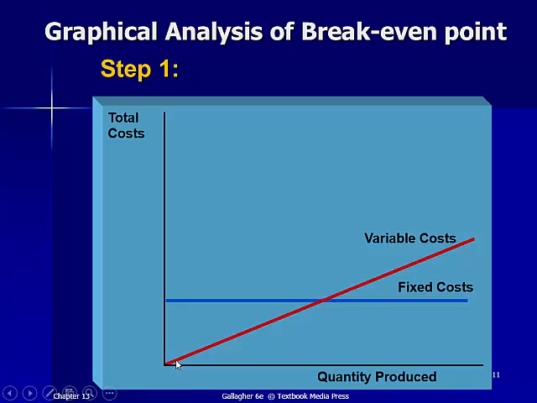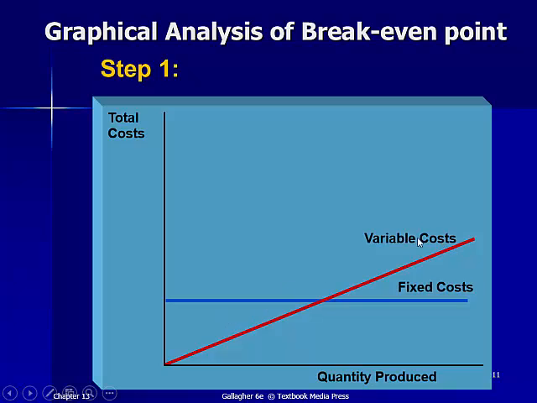So you'll notice that this is a straight line, so whatever your variable cost per unit happens to be tells us the slope of this particular line. So the slope of the variable cost line is your variable cost per unit. For every additional unit produced, my costs go up by whatever my variable cost per unit happens to be.